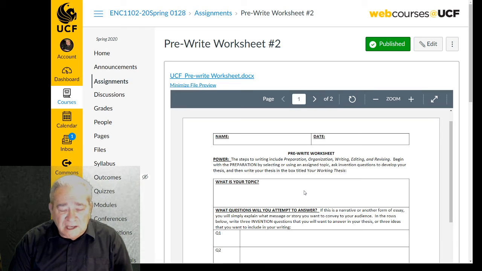Secondly, an argumentative paper depends a lot on research. It should depend a lot on research because you should be looking at other people that are subject matter experts on the subject you have chosen.